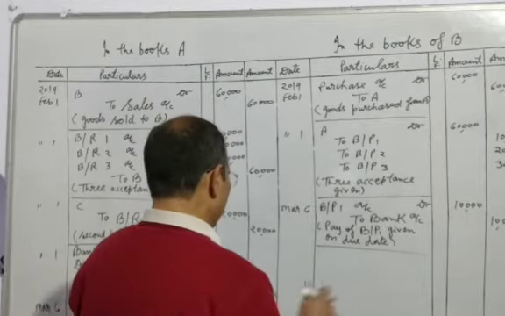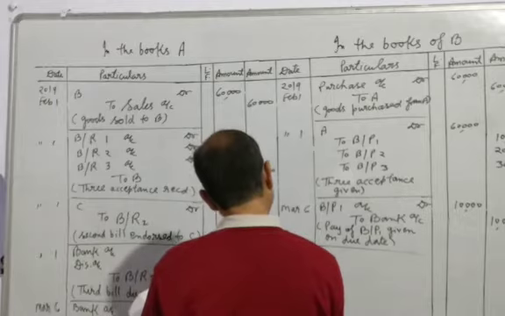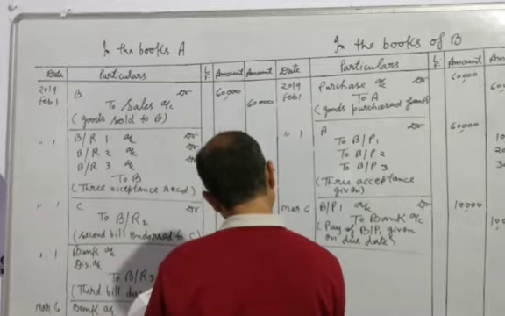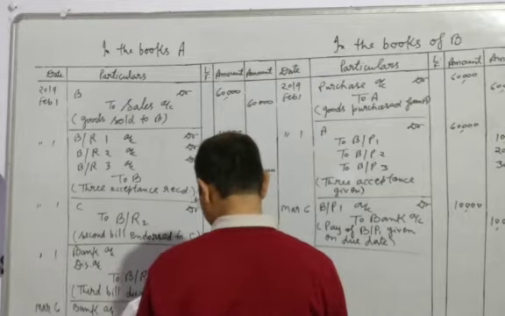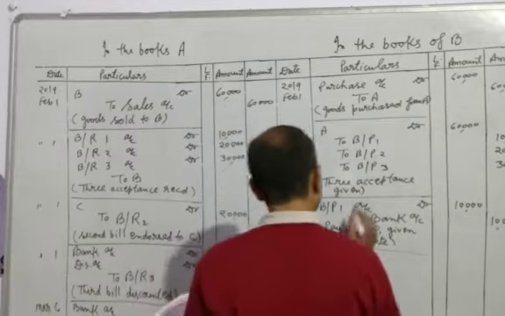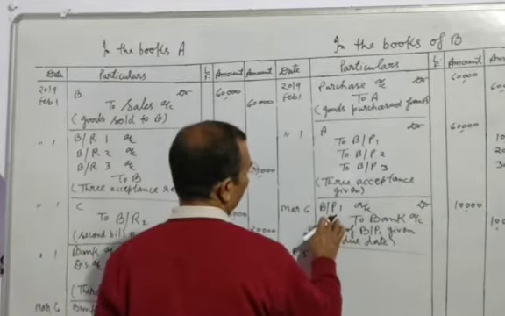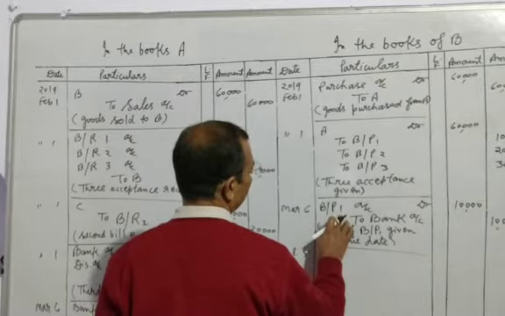So when we calculate the maturity date after adding the grace days, the date will come April 5, and the entry would be the same, but in place of BP1 we will write BP2.